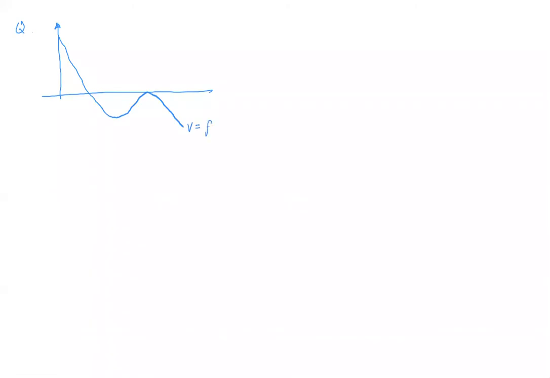If I talk about displacement, that means this velocity is S prime t, correct? So that means my f(t) is my S prime t.